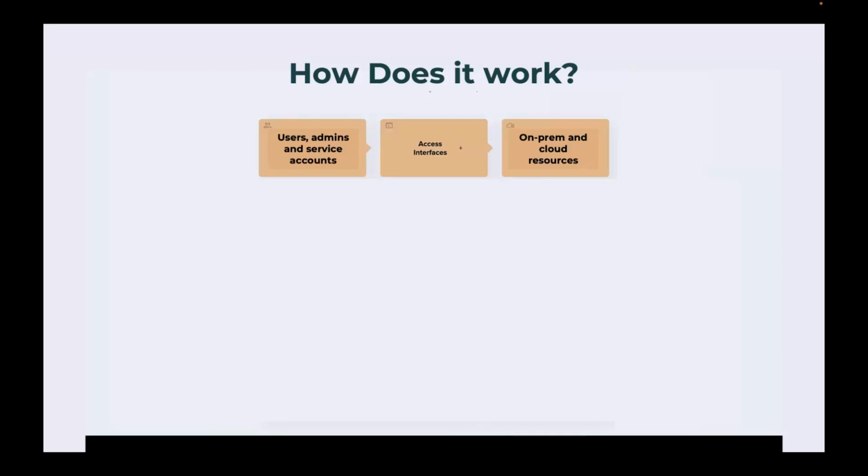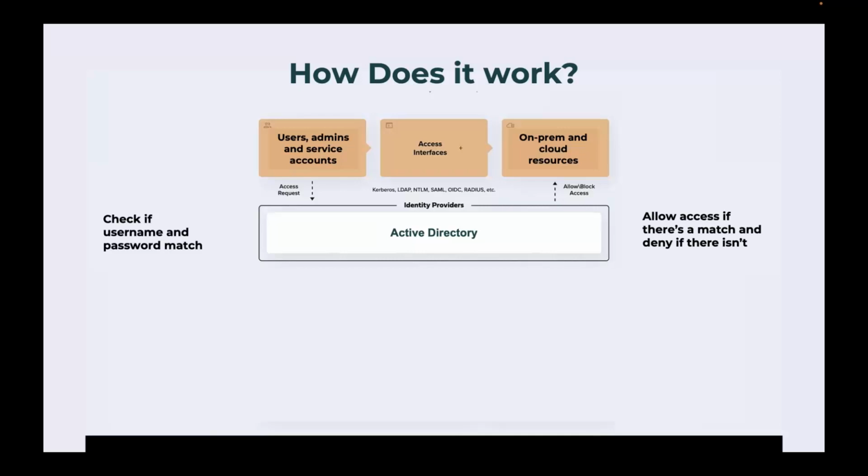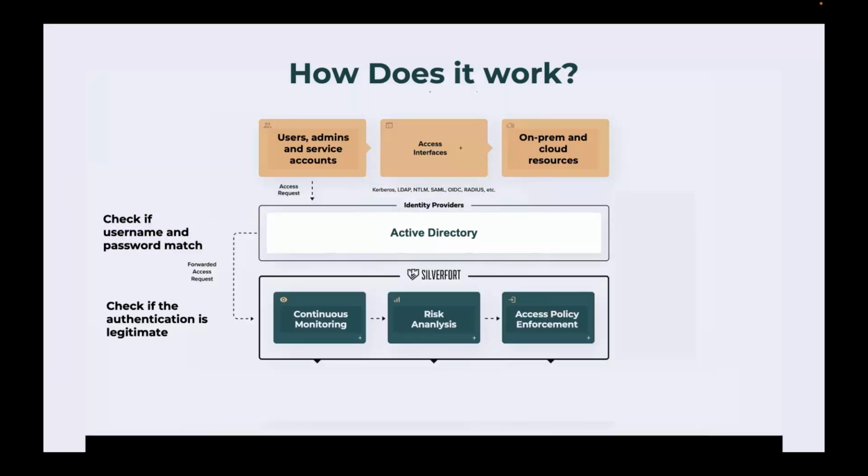We have users, admins, and service accounts, logging into on-prem and cloud resources. In the standard flow that we all know, you have Active Directory, and the users and admins request access from Active Directory, which checks if the username and password match, and if that's the case, Active Directory allows access. But as we've established before, this is not enough, because what if the username and password are compromised? So at Silverfort we said, let's intercept this process.